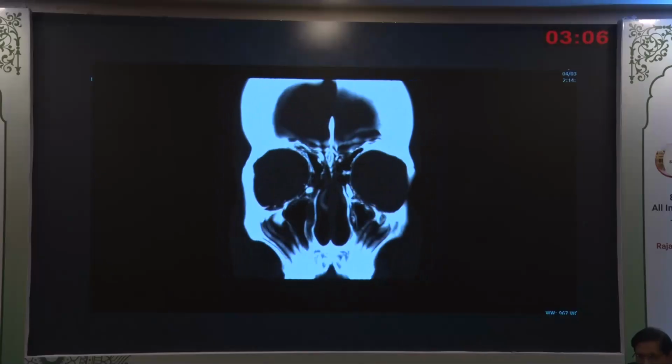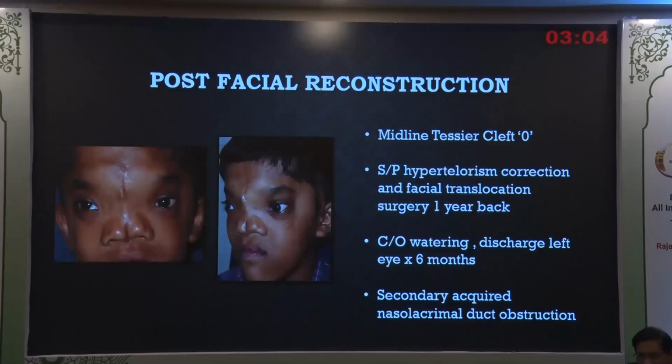Just to show a few case examples, this particular case is a midline Tessier cleft 0, post hypertelorism correction and facial translocation surgery about a year back. The child complains of watering and discharge in the left eye for 6 months, and this looks like a secondary acquired nasolacrimal duct obstruction.